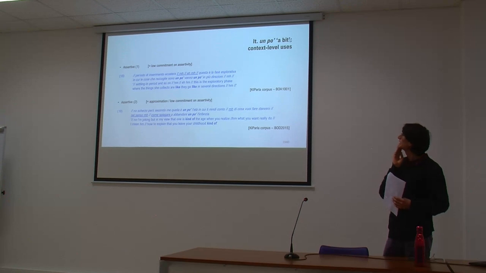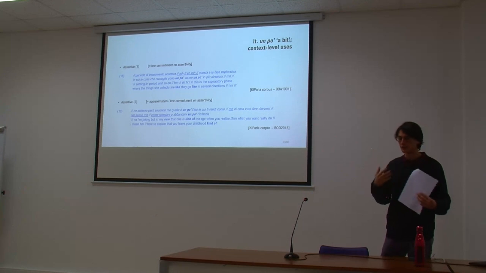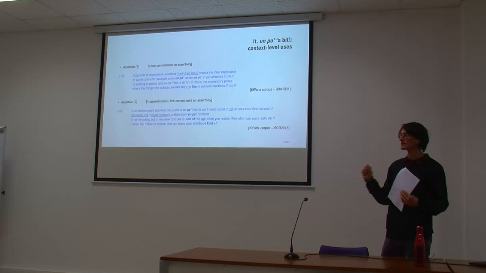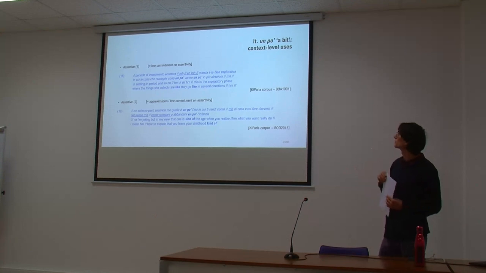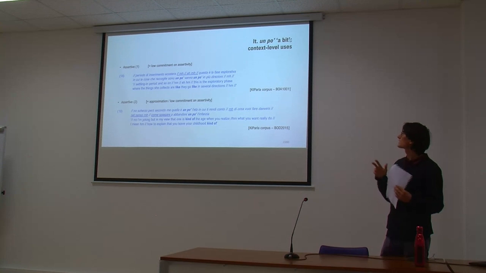In 18, we would say that it marks a low commitment on the assertivity of the speech act, in the sense that the speaker doesn't feel really confident about what they are saying, and in this sense marks the utterance with un po'. "Le cose che raccoglie sono un po', vanno un po' in più direzioni." The things she collects are like, they go like in several directions.